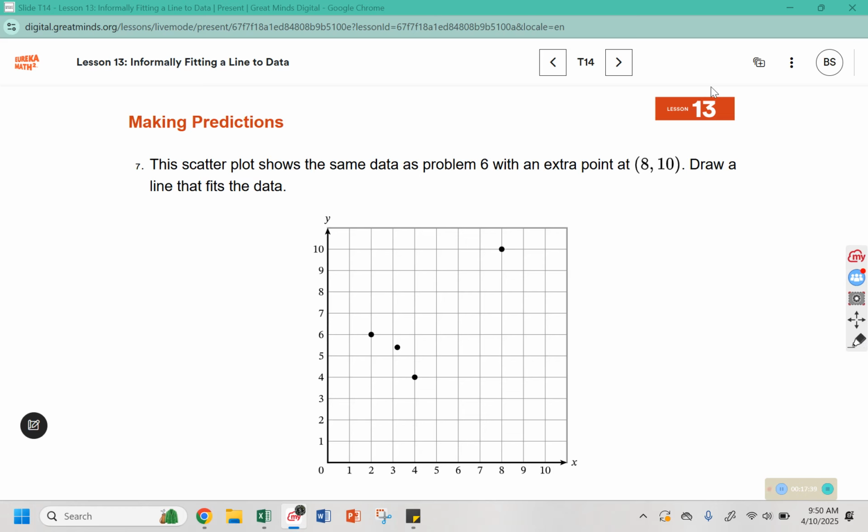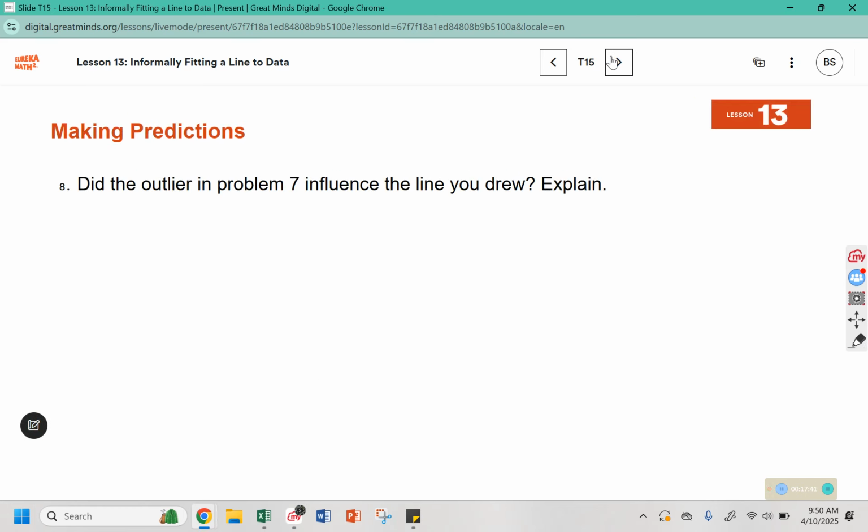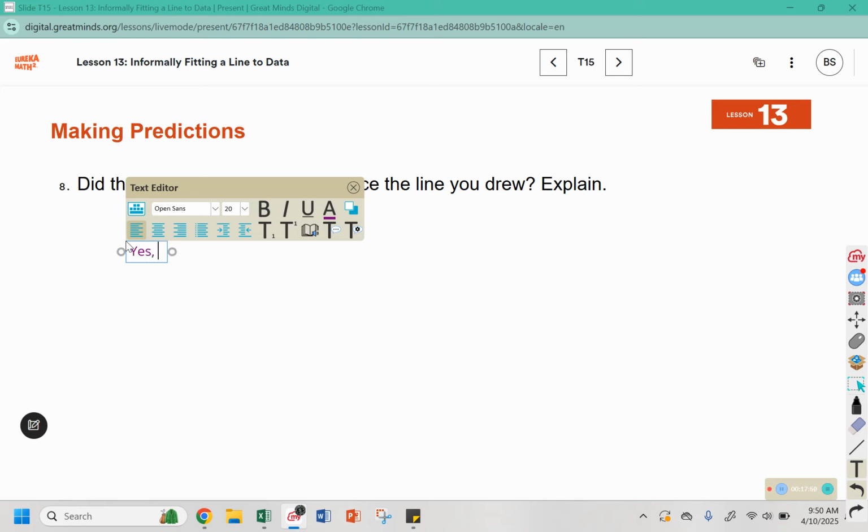It says in problem 8, did the outlier in problem 7 influence the line you drew? Explain. Well, yes, that outlier changed the direction of our line. When we include the outlier, it went from having a negative slope to a positive slope.